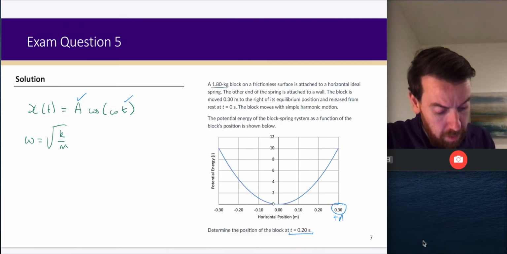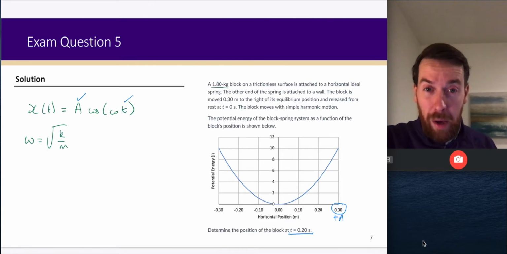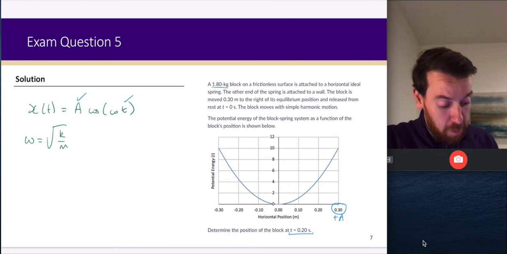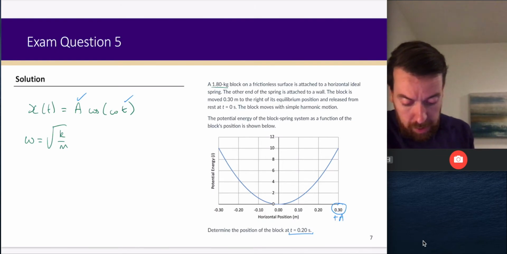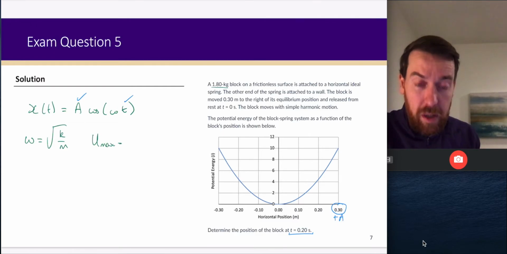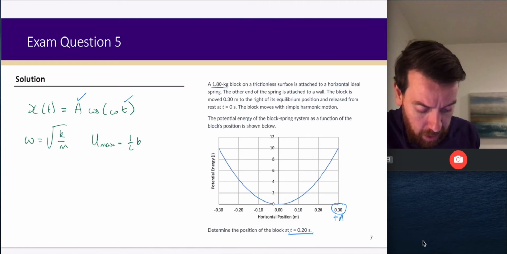So we don't have enough information to solve for k directly. What else do we know about the motion? We do have the potential energy, and we have the maximum energy. So we know that U max, and this is where I'll make the correction to the previous slide, is 1/2 k A squared.